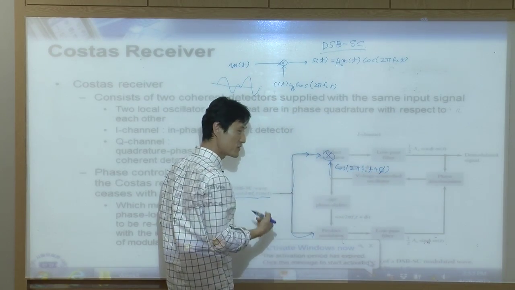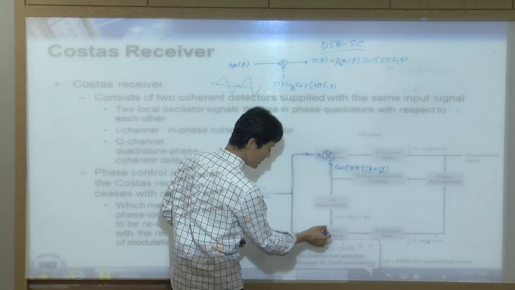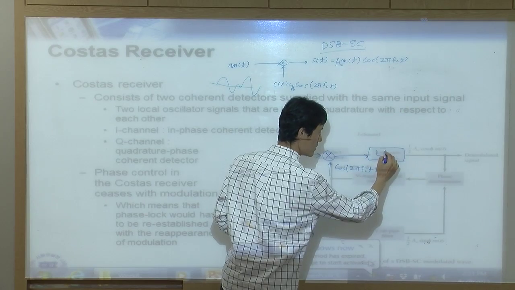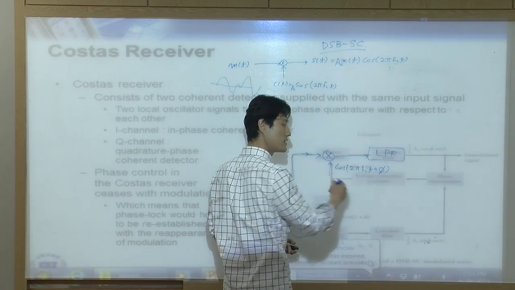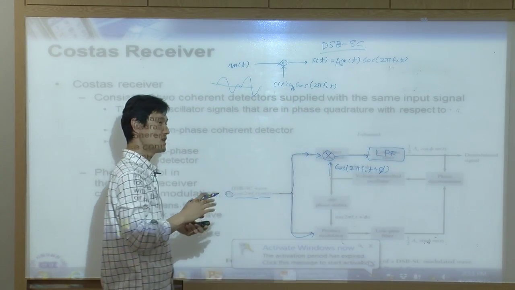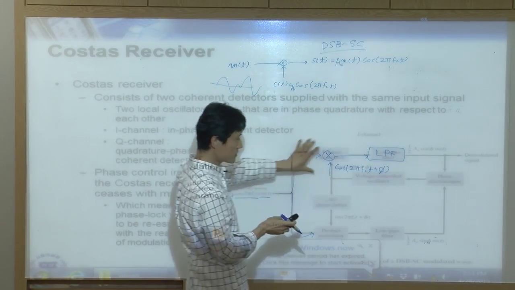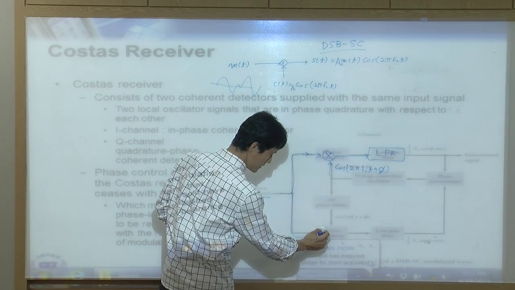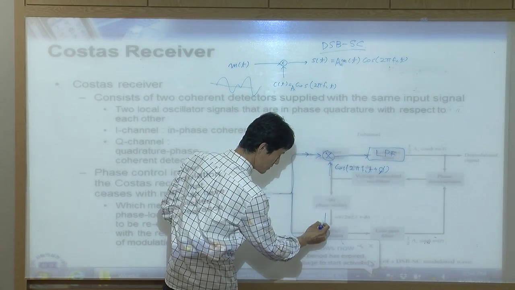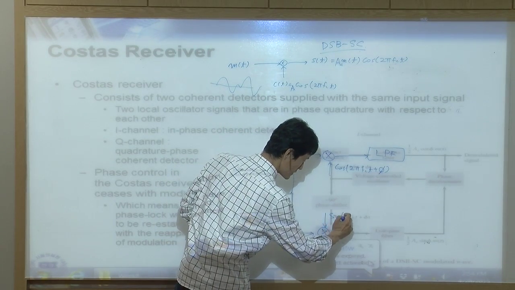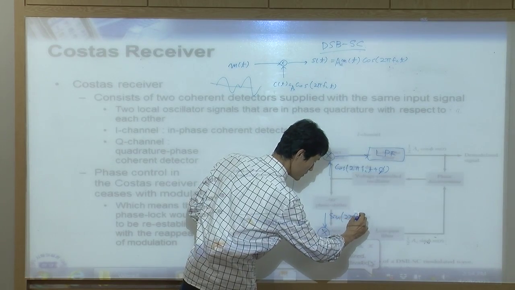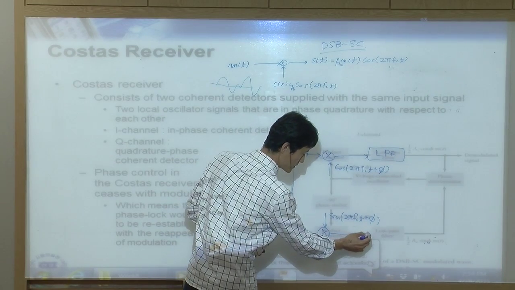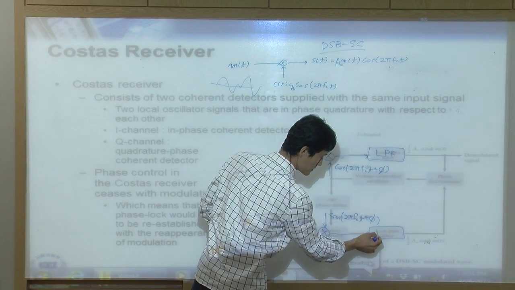Let's just say we have some phase. On the Q channel, that's what you have. And of course, you have a low pass filter. This whole structure is exactly the same as our previous QPSK I channel. On the Q channel, same way. We multiply by sine, but this sine also has the same phase, phi. And after that, you have a low pass filter.